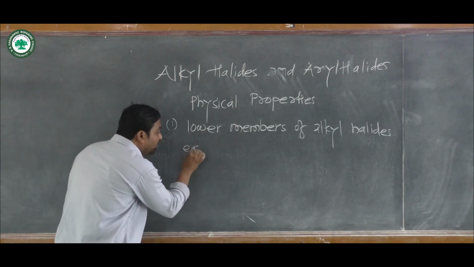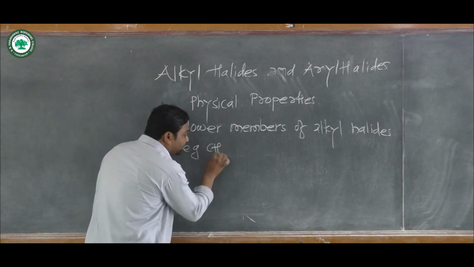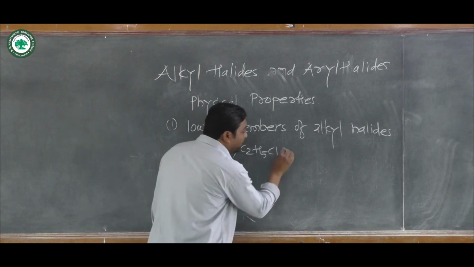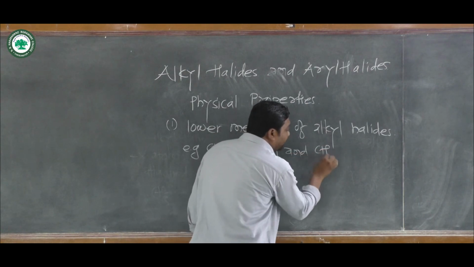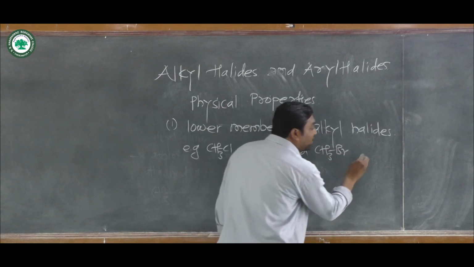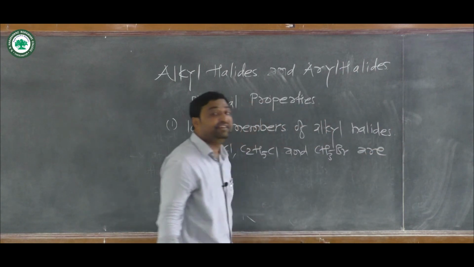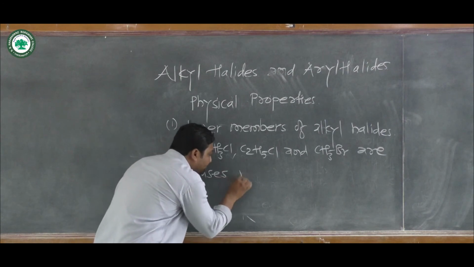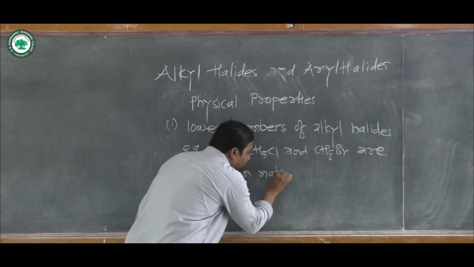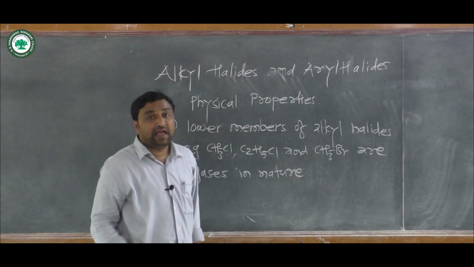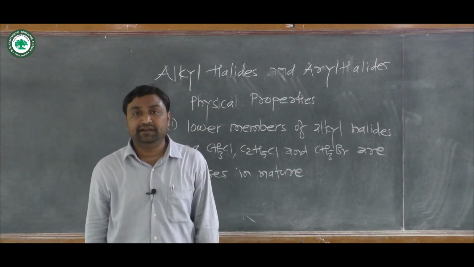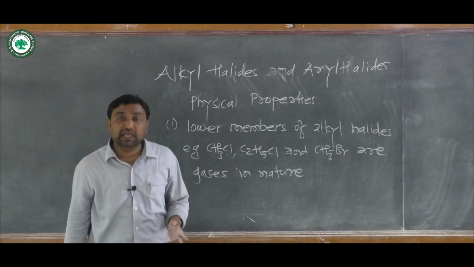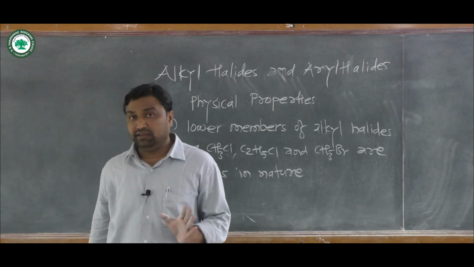For example, CH3Cl, C2H5Cl and CH3Br are gaseous in nature. Whereas all the remaining higher alkyl halides may be liquids or solid in nature.